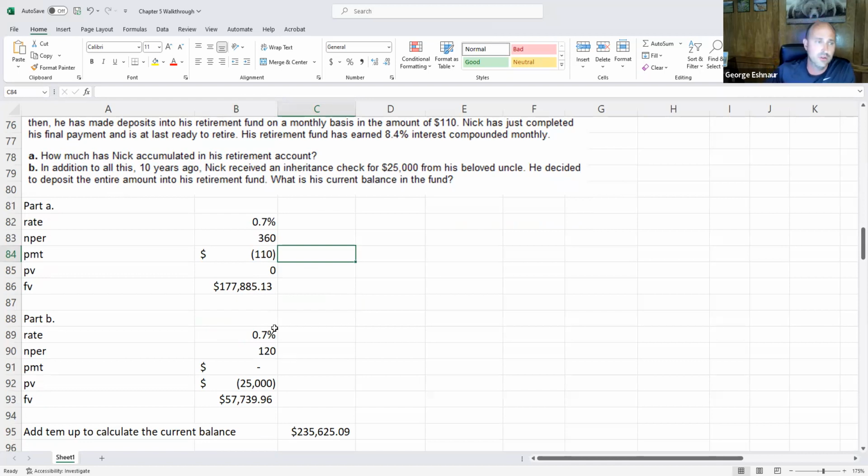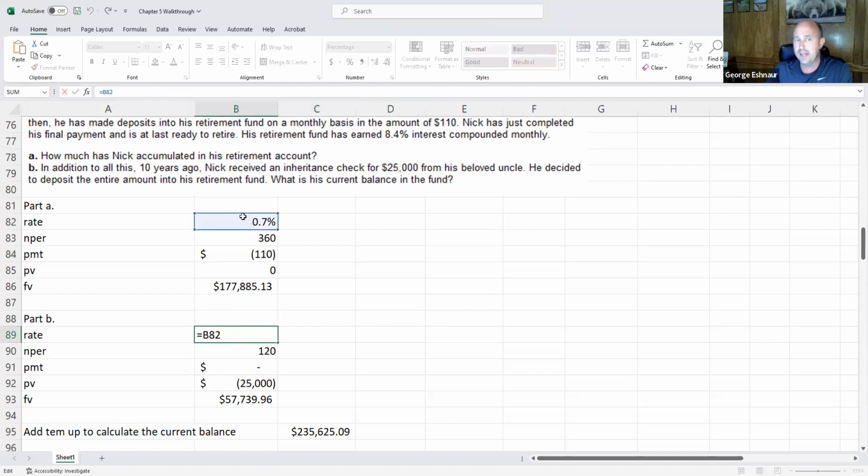So the next part, it says, in addition to this, Nick, 10 years ago, received a $25,000 check from his uncle. He decided to deposit the entire amount into his retirement fund. What is the current balance of the portfolio? So again, we reintroduced the 8.4%. So I just made it equal to this instead of typing it again, because even though it was just 10 years ago, he's going to get the same percentage on that on a monthly basis.